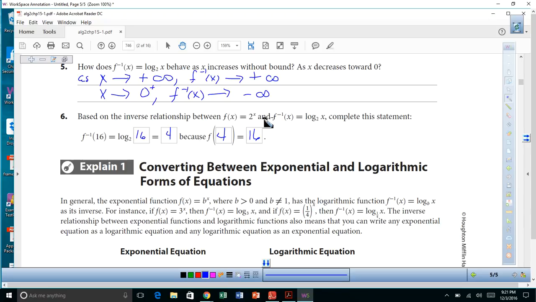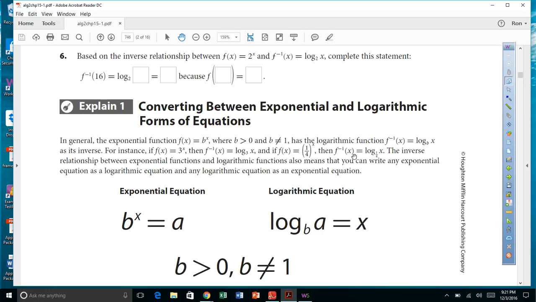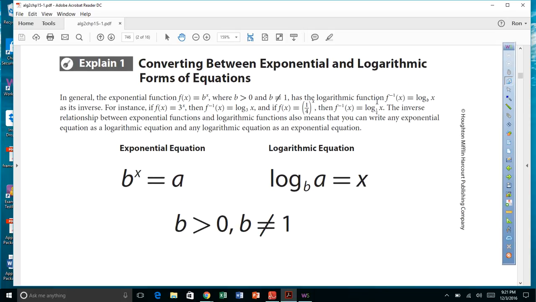Converting between exponential and logarithmic forms of equations. In general, the exponential function f of x equals b to the x, where b is greater than 0 and b is not equal to 1, has the logarithmic function, the inverse of f of x equals log base b of x, as its inverse.